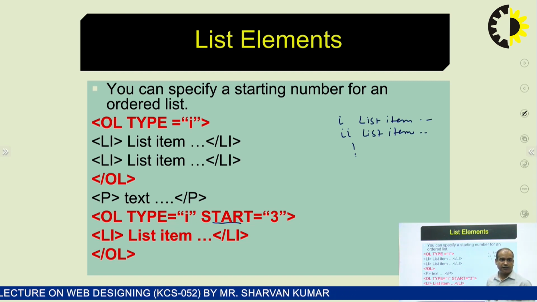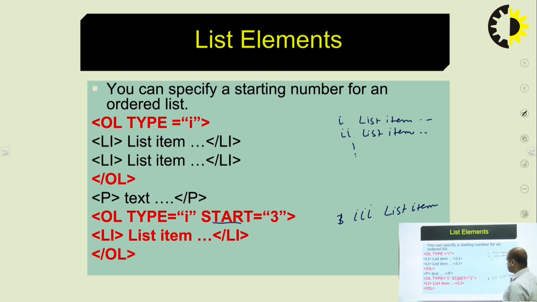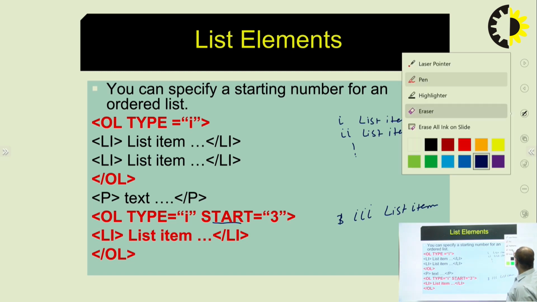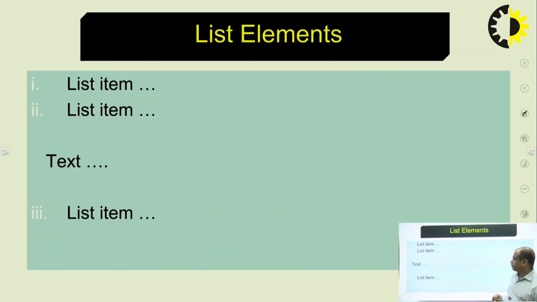As I start it, my list item will start with the third Roman numeral, because type is defined as small Roman and start is equal to 3. That is the answer of this code.